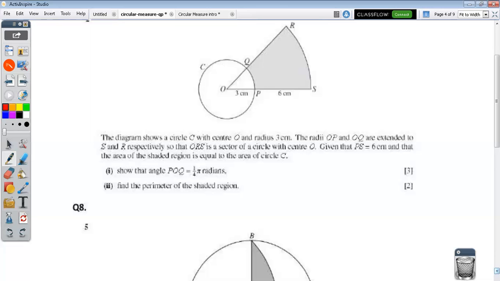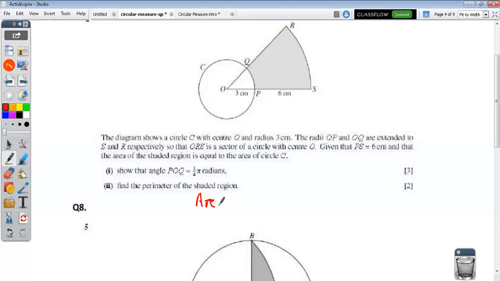Now, area of shaded region is simply equal to area of the major sector minus area of small sector.